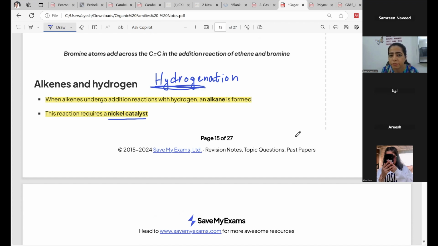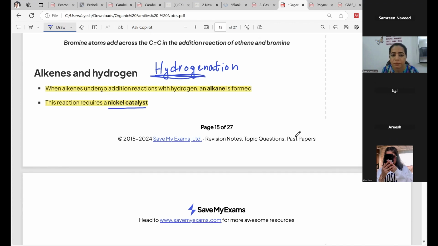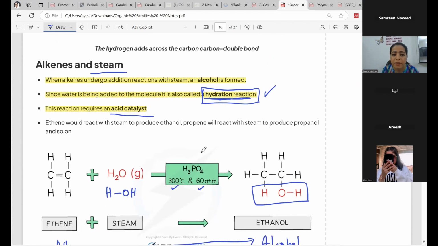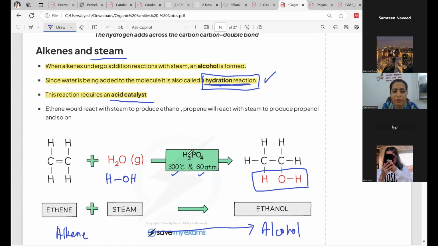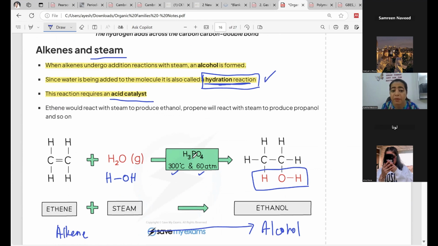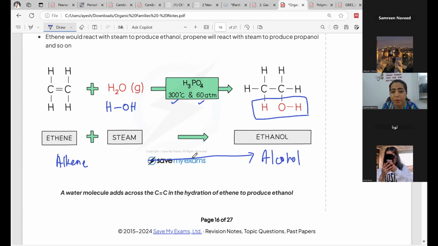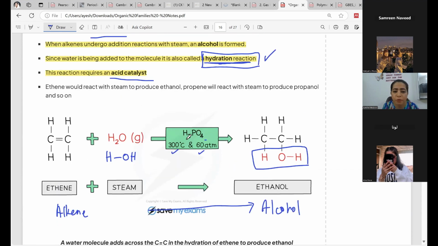Miss, here in the acid catalyst, it's written H3PO4. What is that? That is phosphoric acid. Do we have to remember the symbol? Yes, the acid catalyst you have to remember. You can remember H3PO4. Some other acids we can use as well, but it's better to just remember this one, that will be easy.